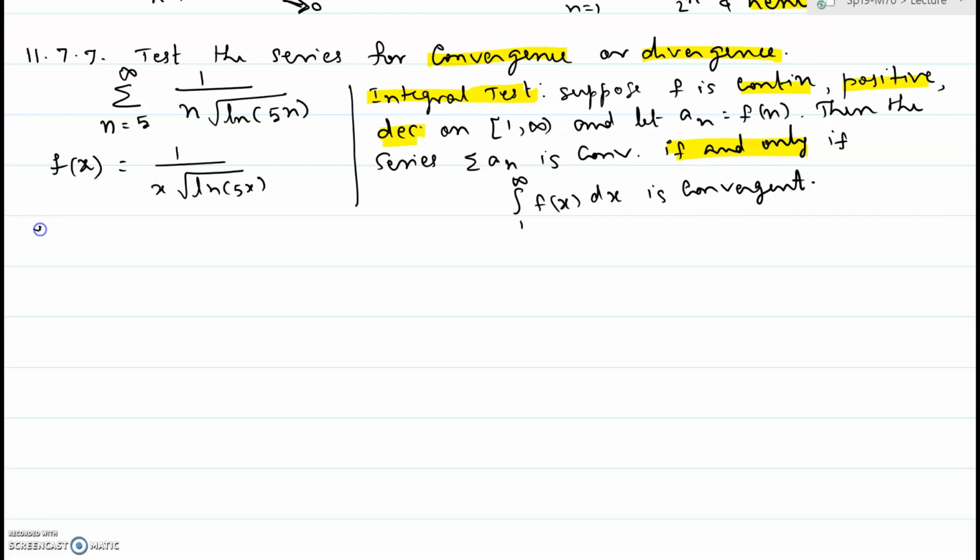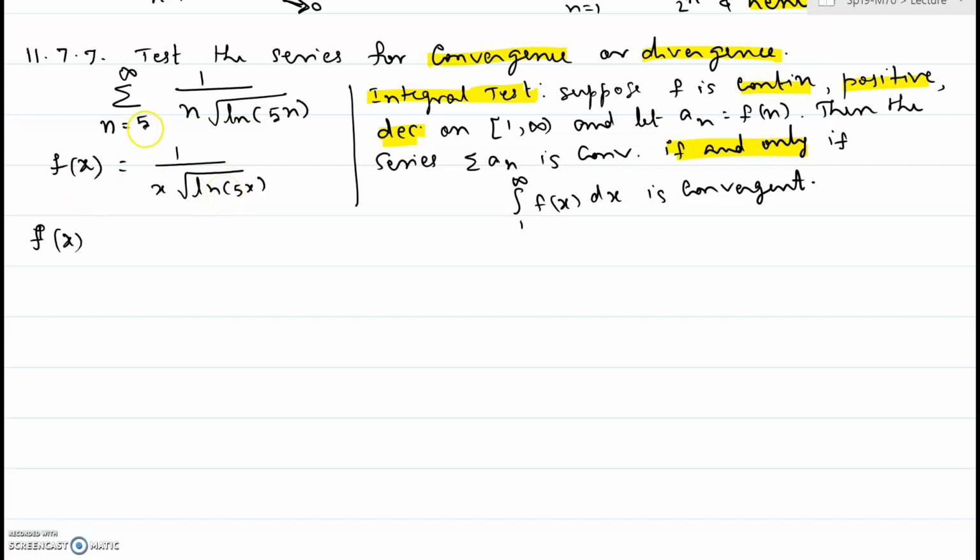So we have to first state that f of x is continuous, positive, and we have to prove that it is decreasing. The continuous and positive part does easily follow from the definition of the function.